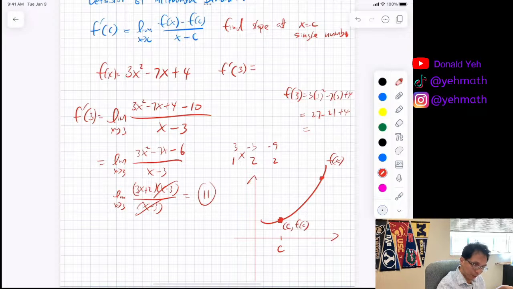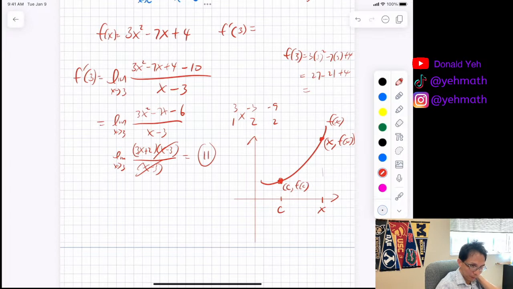And there's another point, x comma f of x. So this is an x. Basically, I want to find the slope at this point, but in this case, I start with the blue point.